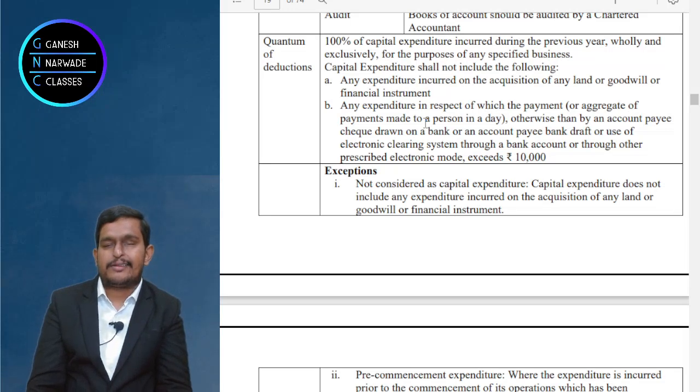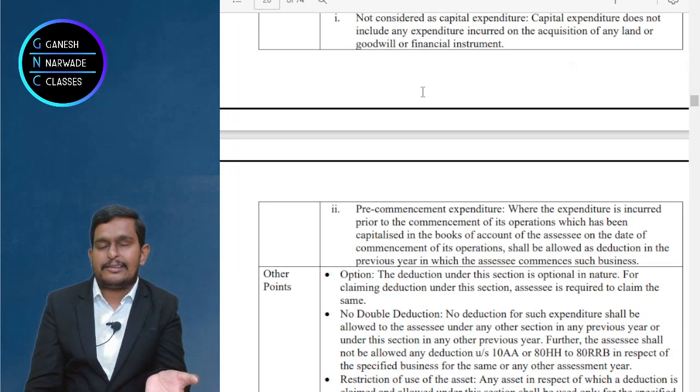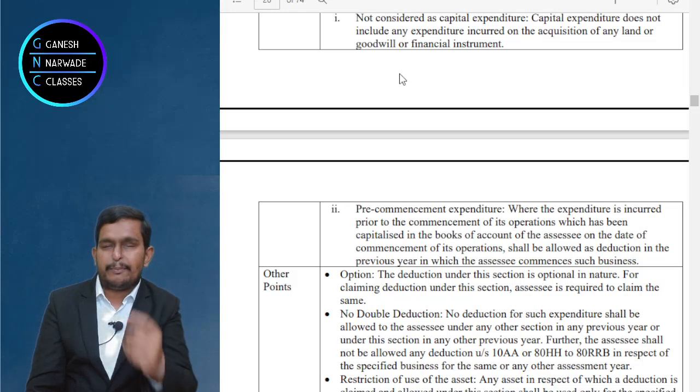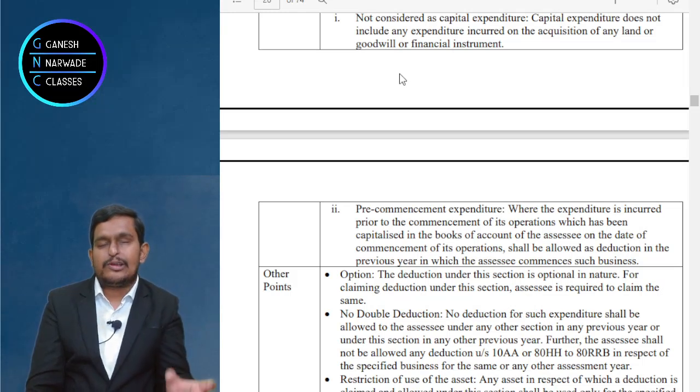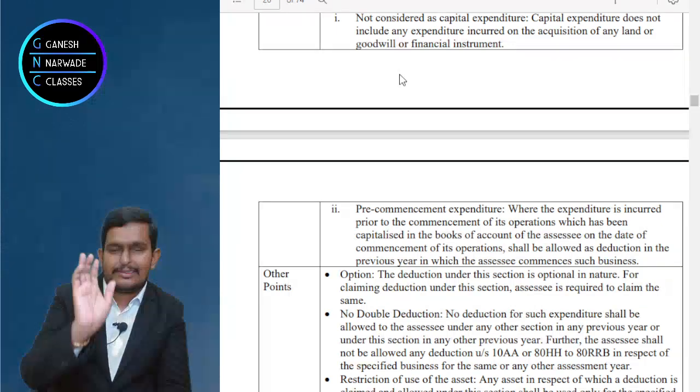Suppose, for example, you are starting a 5-star hotel, it will take a few years to construct it, right? So you incurred a lot of expenditure before starting the hotel, before commencement. If you don't get deduction, then what is the purpose of this section? So you capitalize it in the year of commencement of business and you get the deduction. That's what they said.